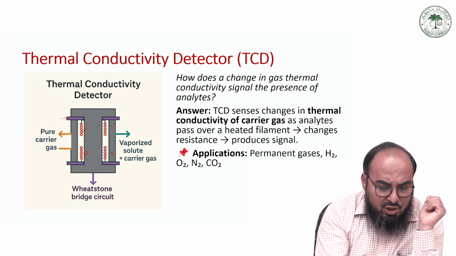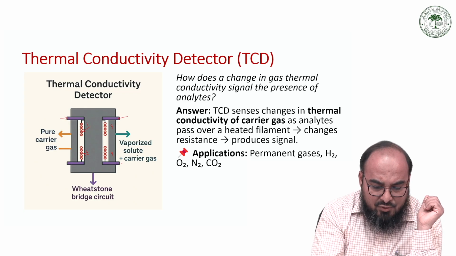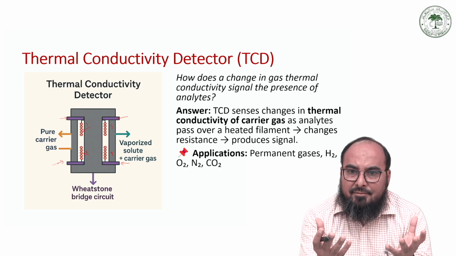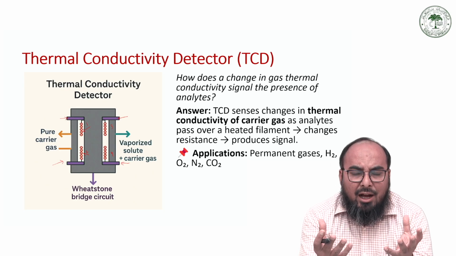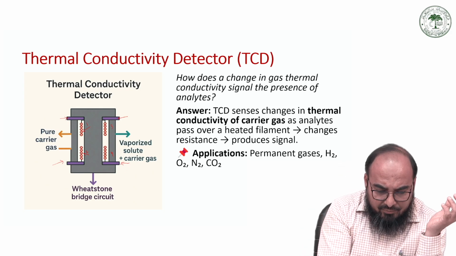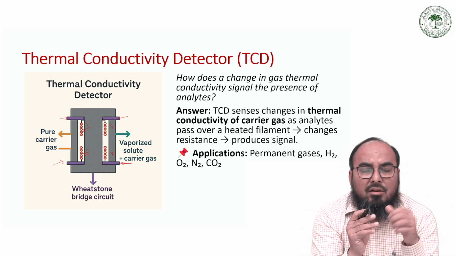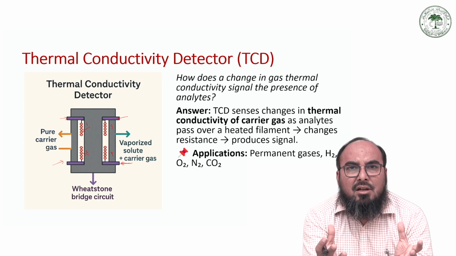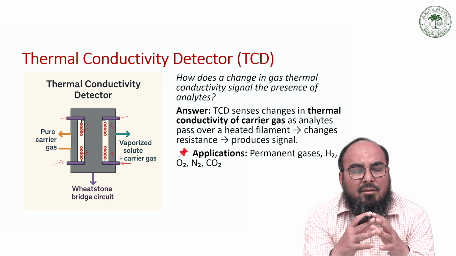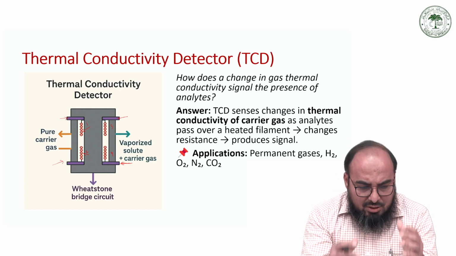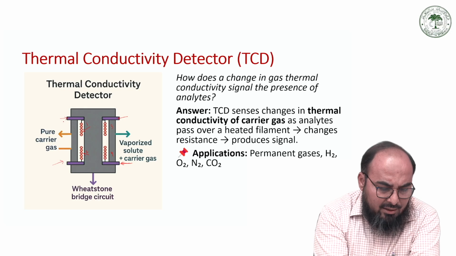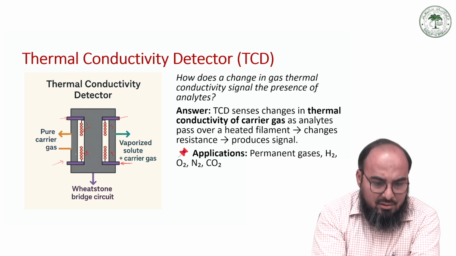Now what happens is, first of all you run pure gas in all these four, and you measure the conductivity. Now what you do is connect it with, for example, your effluent which contains the sample which has already been partitioned. So now your sample goes here, along with the carrier gas, and the pure gas is running here.